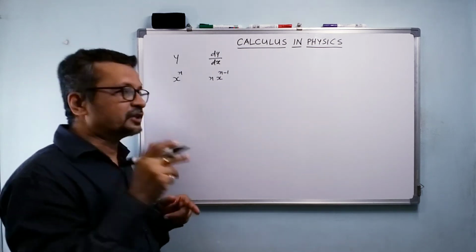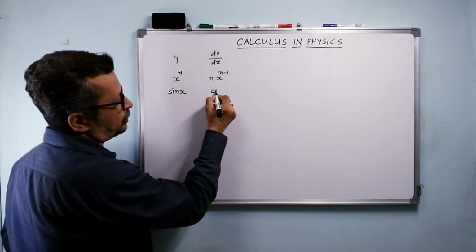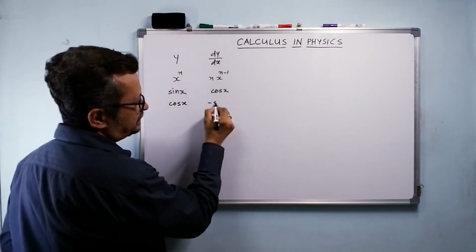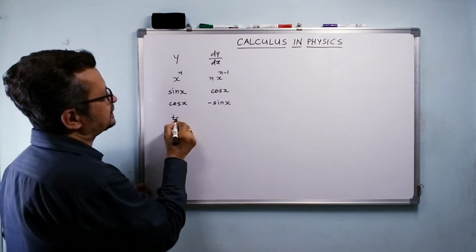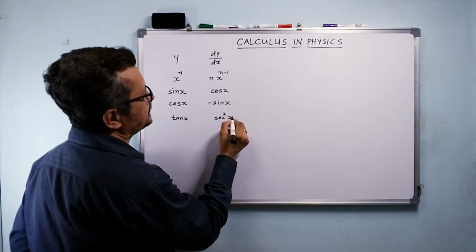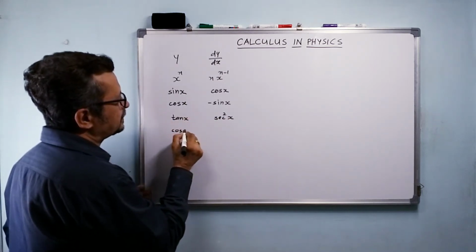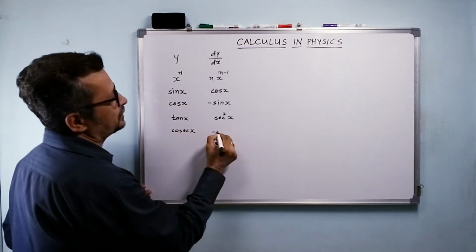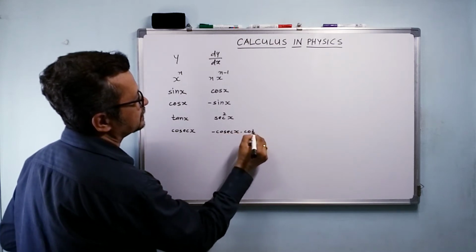Now trigonometric functions. If my y is sine x, the derivative is cos x. If y is cos x, it is minus sine x. If my y is tan x, then it is sec square x. If my y is cosec x, it is minus cosec x cot x.